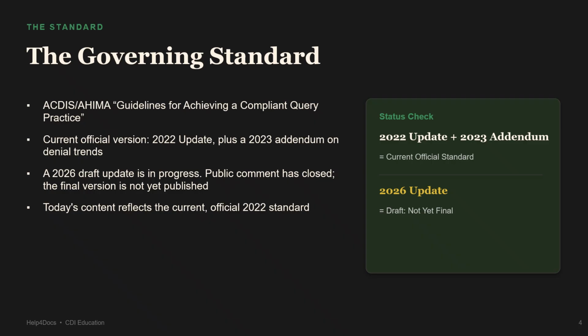A draft went out for public comment earlier this year, and the final version is expected soon, but it's not published yet. So we're watching for that. Everything we cover today reflects the current official 2022 standard. By the time you see this, it could be different, so always do your homework. I will try to make sure to do a dedicated video the moment the 2026 version is finalized.